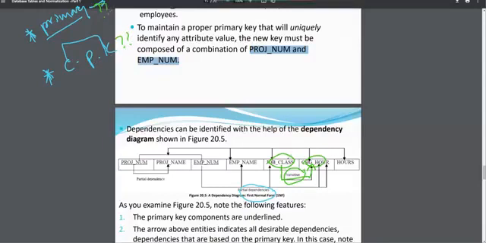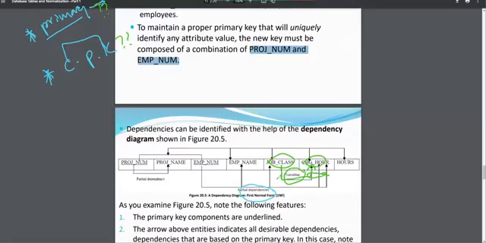It is a non-primary key, not part of the primary key. So charge hour basically depends on job class, and that type of dependency is called a transitive dependency.